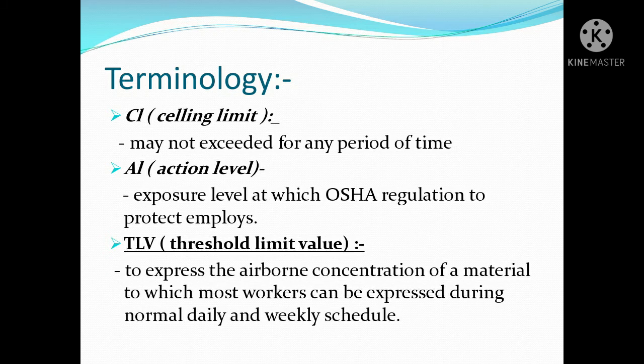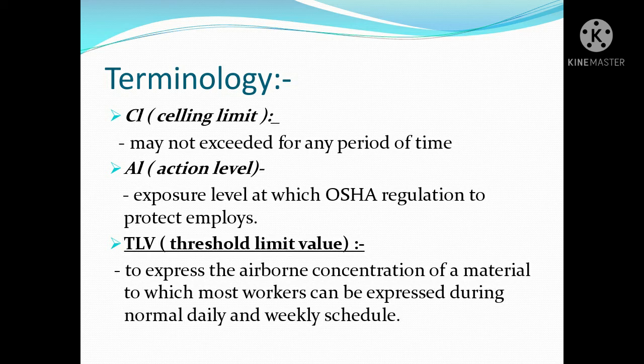CL is one that may not be exceeded for any period of time and is applied to irritants and other materials that have an immediate effect on a person's body. Third one is AL, action level. It is the exposure level at which OSHA regulation to protect employees takes effect.